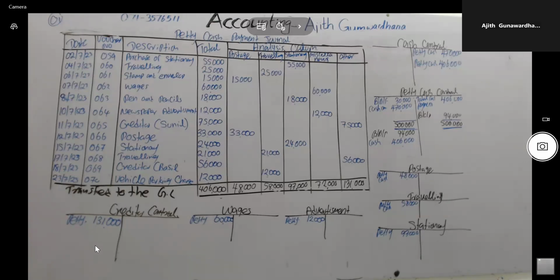Think opening balance also given. Opening balance as well as cash received from chief cashier should be recorded. Petty cash control accounts. Only payment by issuing cash, by using cash should be recorded petty cash payment journal. Think cash payment journal also we have discussed. Cash payment journal available only payment by issuing checks.